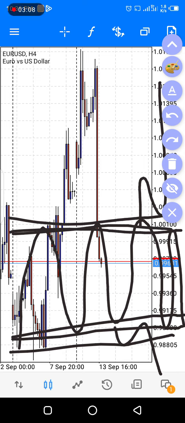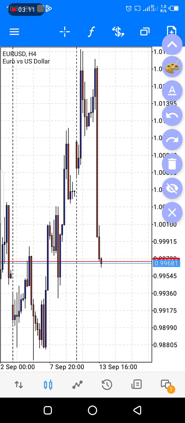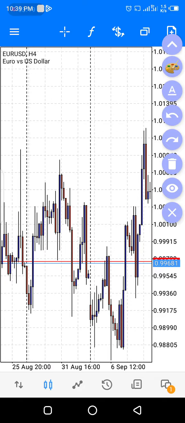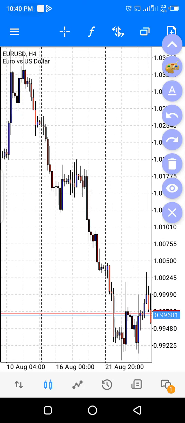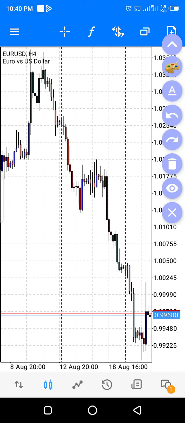So, what's the unique thing about this kind of price movement? This is a EUR/USD chart, 4-hour chart. I'm just going to use it as a perfect example to educate us on how the market moves.